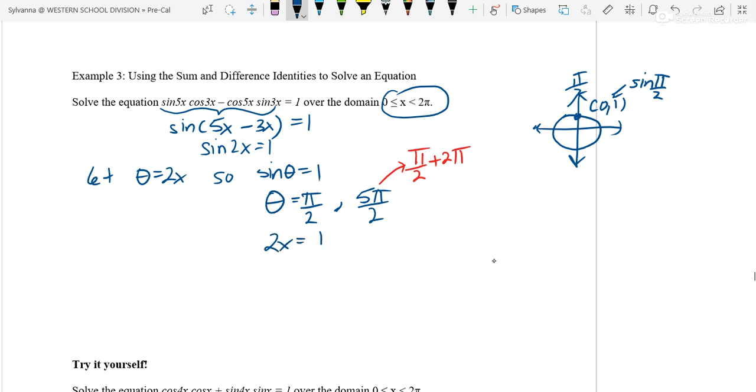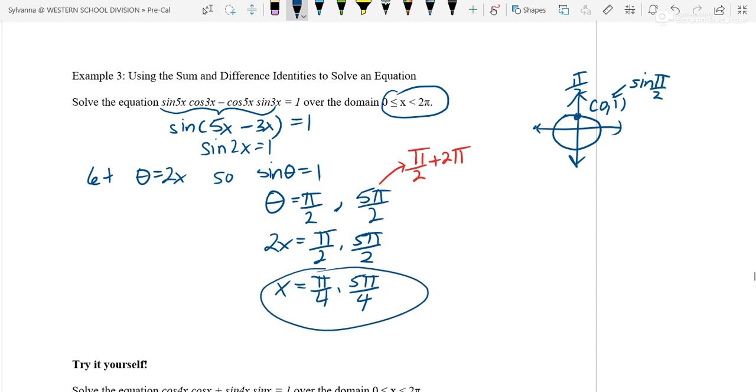That's my original question. Then I'm going to divide both sides by 2. And once I do that, I have pi over 4 and 5 pi over 4. Those fit in my domain, and that's going to be my final answer there. And that's it for this section of sum and difference identities.